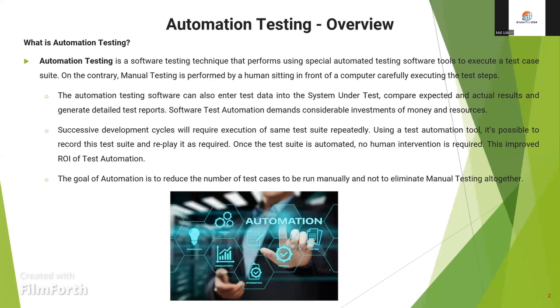So it's not that if you have automation, the manual work is going to be obsolete. Still there will be manual testing, because based on the requirements and manual test cases, it's easier to write the script or develop the automation test suite. But if you want to do it from the beginning, it's the same thing. You need to go through the requirements. You need to come up with the scenarios.